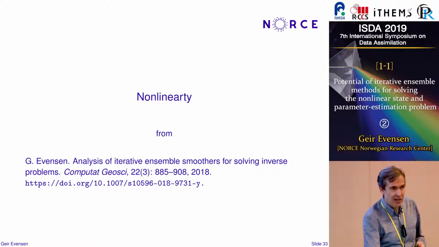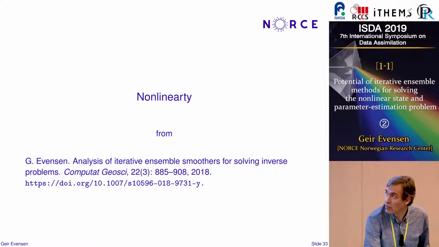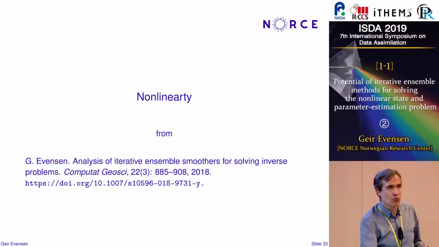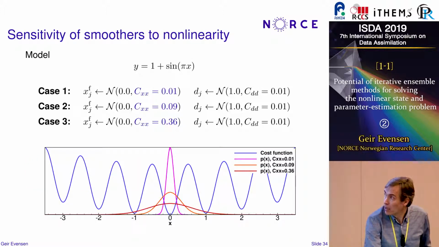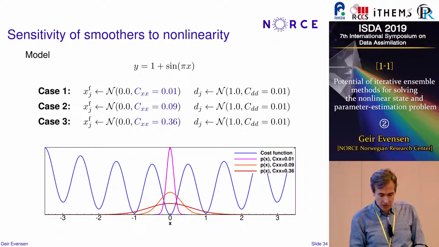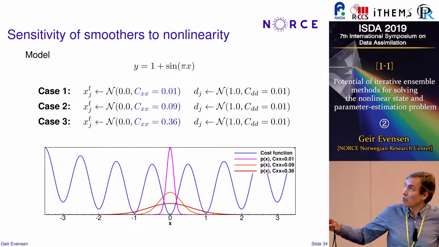When we talk about nonlinearity, I'm going to show quickly some plots that illustrate what we are trying to handle with these ensemble methods. I created an artificial case again, where my model has a sine function in it.